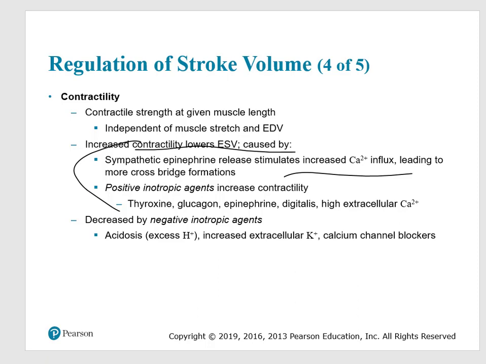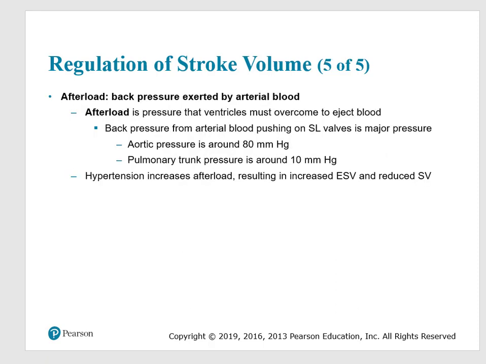So the higher the contractility, the lower the ESV, which increases the SV. So a positive inotropic agent lowers the ESV and increases the SV. Negative inotropic agents basically increase the ESV, hence decreasing the stroke volume.